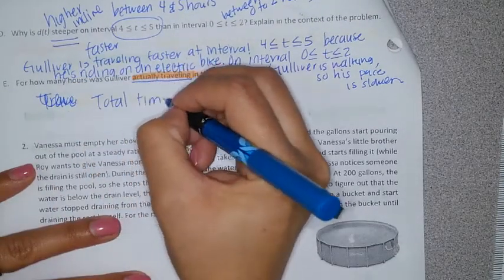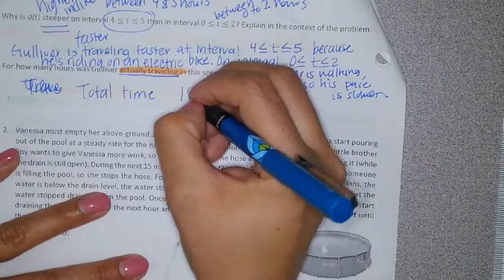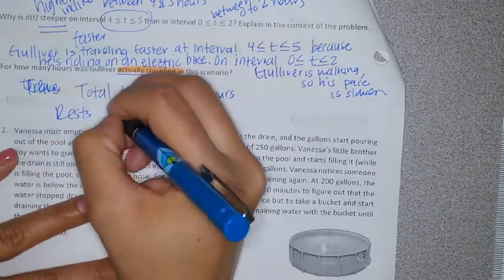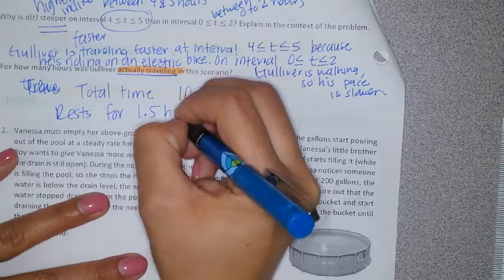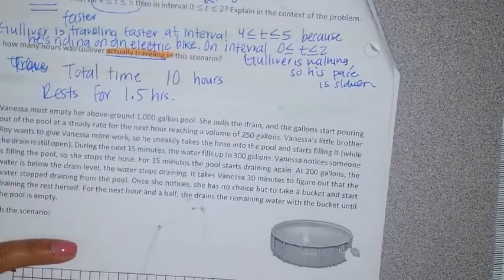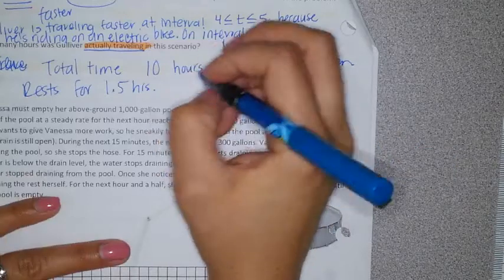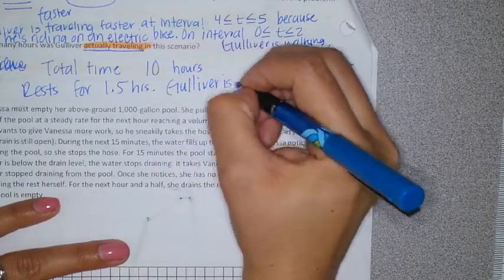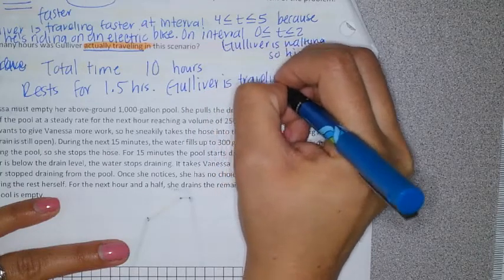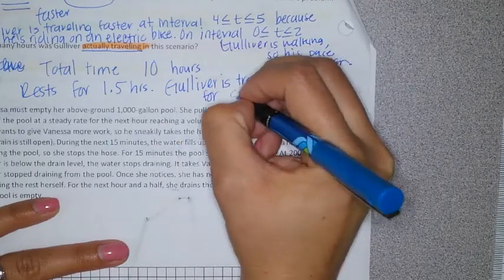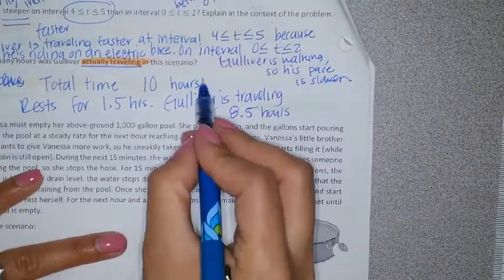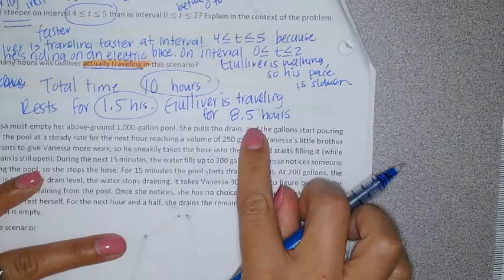Total time or domain here would be 10 hours. But he rests for 1.5 hours. Okay, that means that he's actually traveling for 8.5. We need to subtract these two in order to get the 8.5.